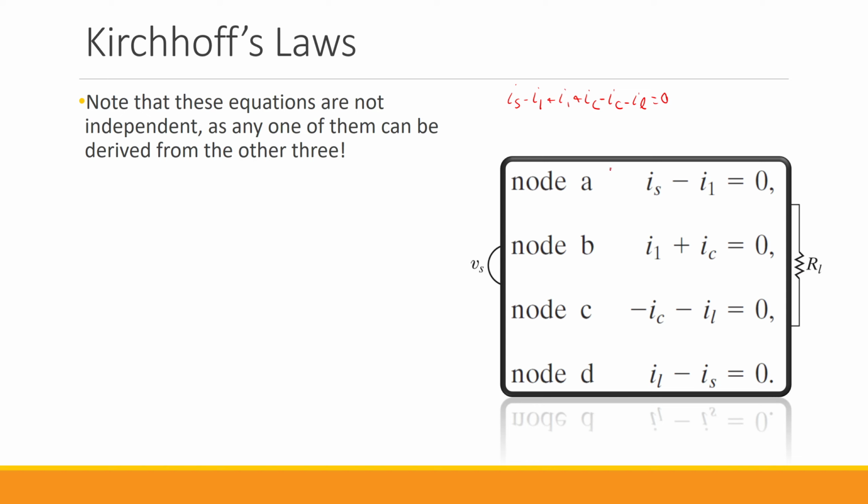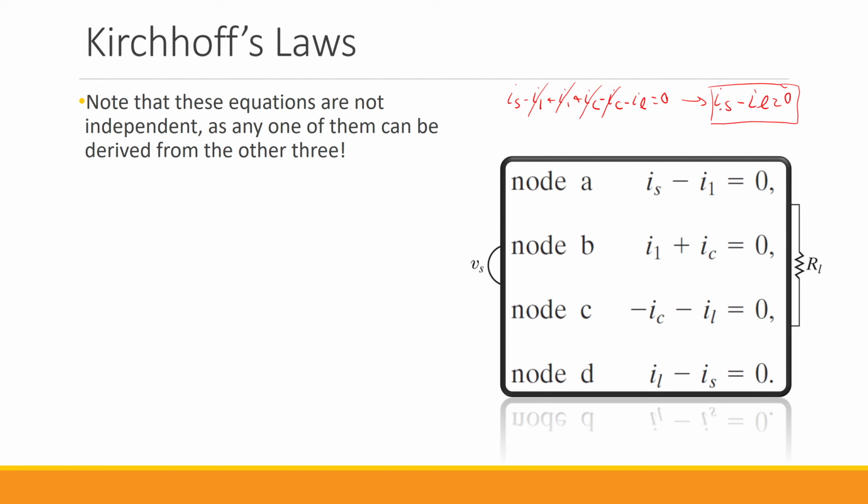So what do I get after simplifying this equation? We have negative I1, we have positive I1, so these two cancel each other out. We have positive IC, we have negative IC. So if I do this, I am left with IS minus IL equals 0, which, if you look closely, is exactly the same as the last one, except for a minus sign, right?